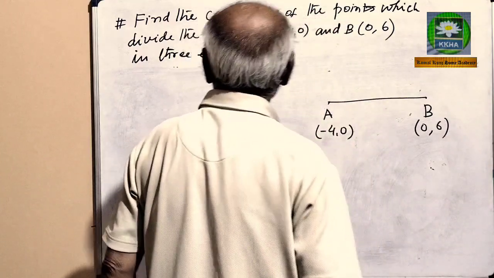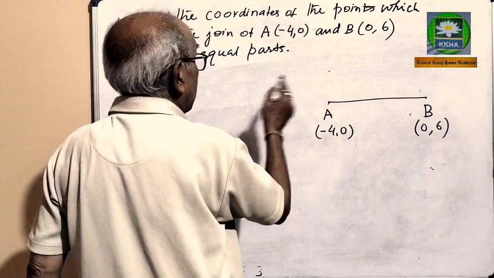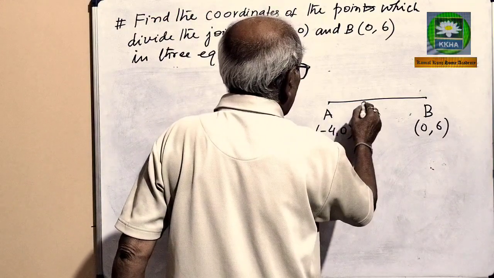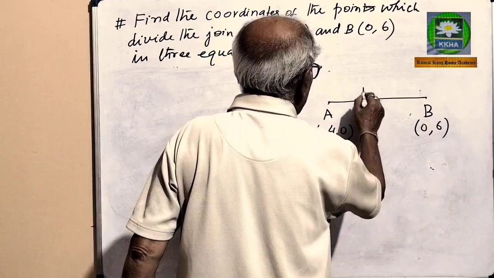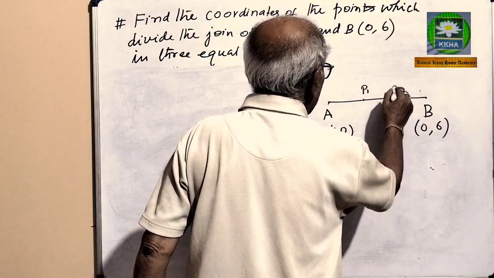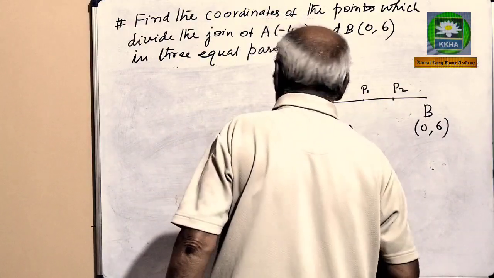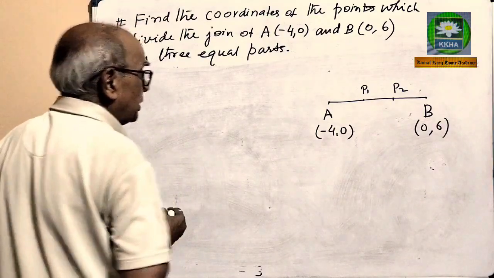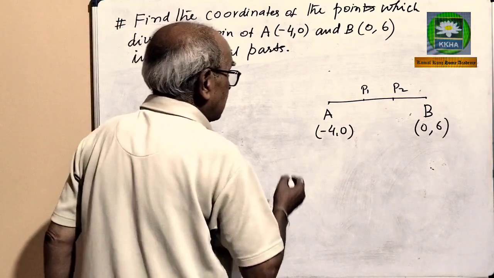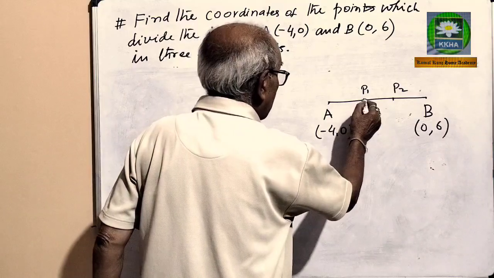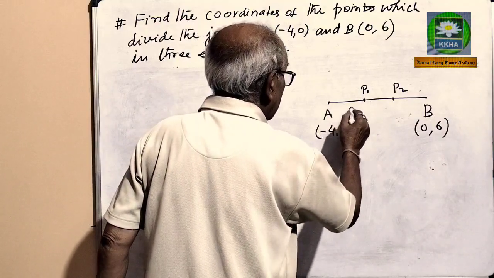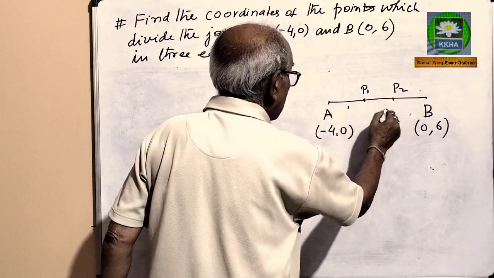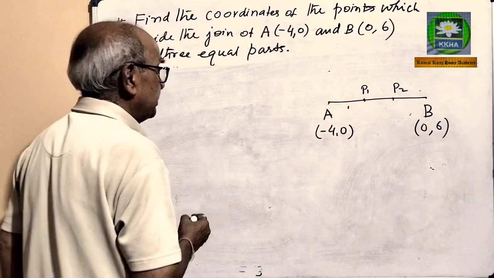Line segment AB joining A and B, and let P1 and P2 divide the line segment in 3 equal parts. First we find the coordinates of P1, it will be 1:2 ratio.